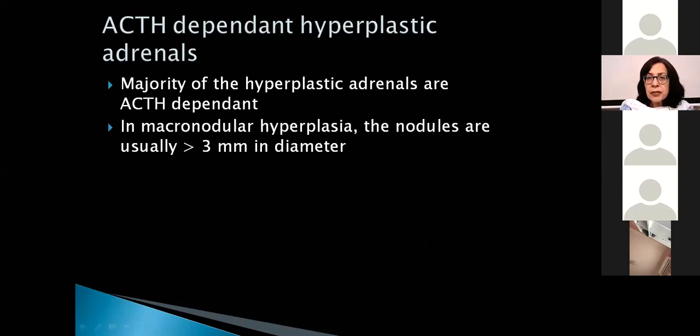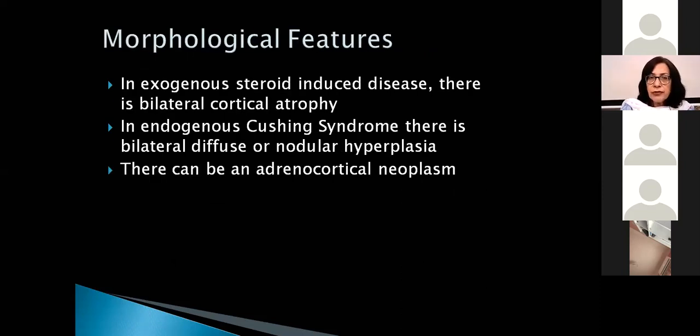ACTH dependent hyperplastic adrenals: the majority of hyperplastic adrenals are ACTH dependent. In macronodular hyperplasia, the nodules are usually greater than 3 millimeters in diameter. Okay, micronodular less than 3, macronodular greater than 6. In exogenous steroid-induced disease, there is bilateral cortical atrophy.